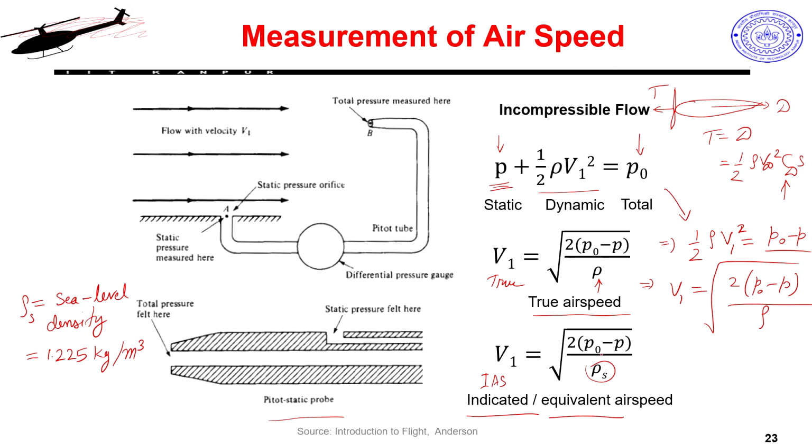Note which one is higher, is this rho s more or is this rho more? So, rho s is greater than my rho, that is how it will always be. The moment you start climbing, as long as we are not going into a stratospheric environment, it will be a rarefied atmosphere. So, the moment I go above sea level, the density is always going to decrease.